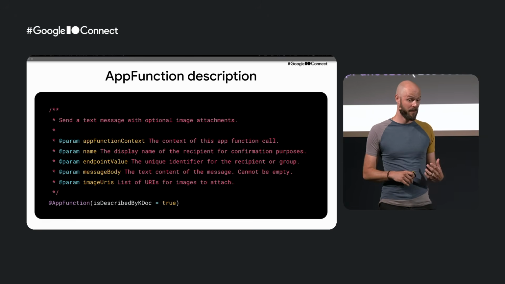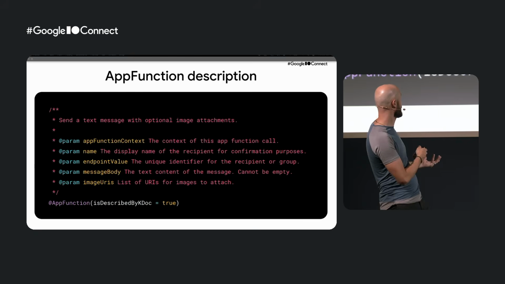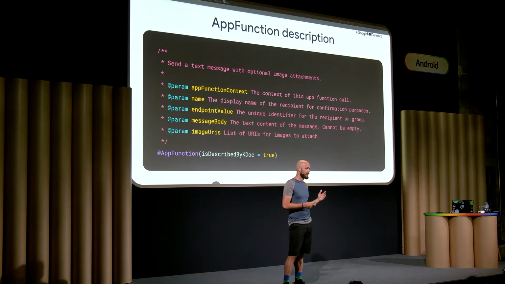And basically, that's the same thing, but this helps your agent to understand exactly what a specific app function does. So this is for the send app function. It sends a text message with optional image attachments. And then there's all these parameters that get passed in. I could also do things like telling the agent you have to call another app function before to make sure that everything works the way it should work.